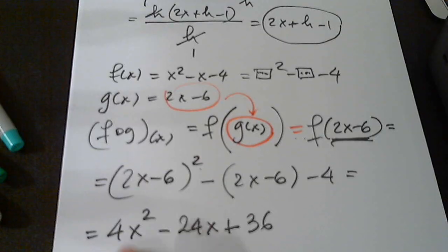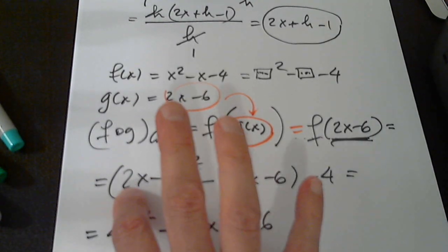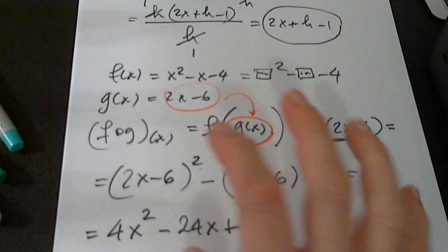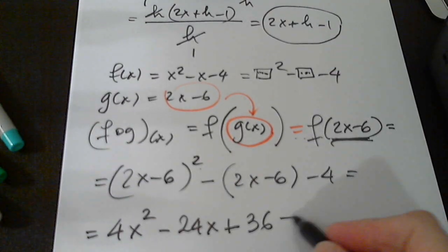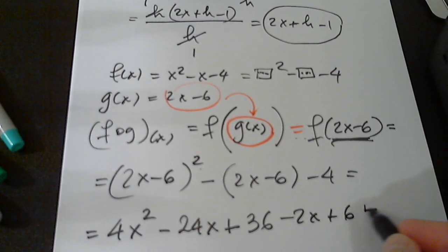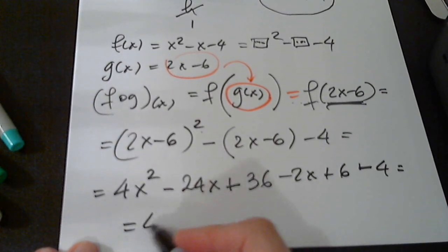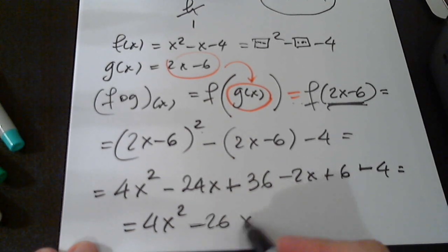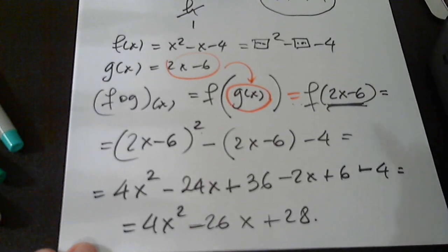First term squared minus 2 times 2 is 4 times 6 is 24x plus the second term squared. And now minus 2x plus 6 and minus 4. There isn't much to do here, but we have to simplify it. So this with this, minus 26x and 42, 38.